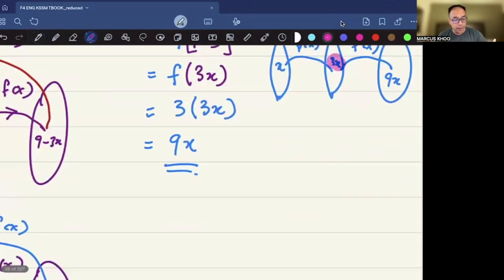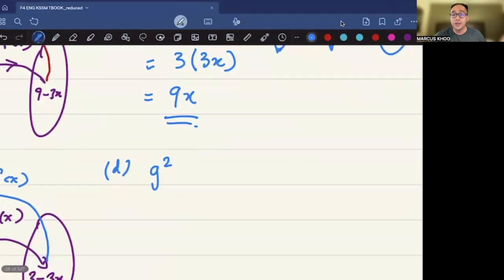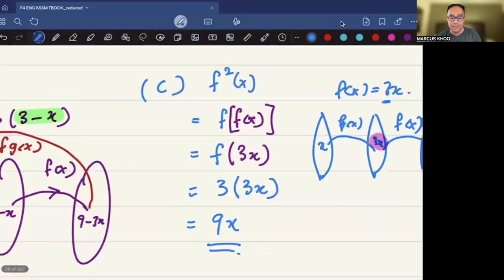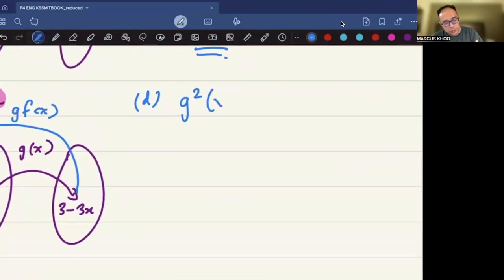Finally, D is G squared. G squared simply means GGx. So GGx will give you G of GX. What's my original GX?